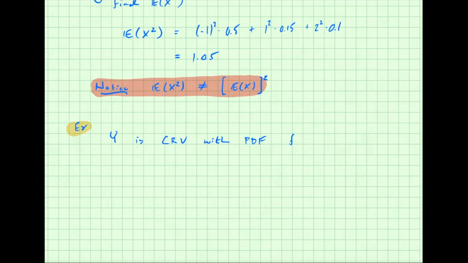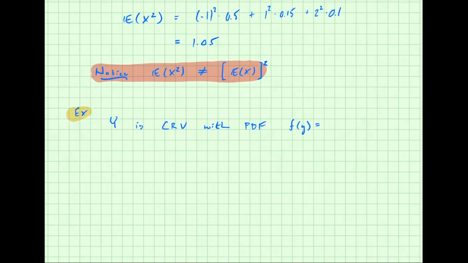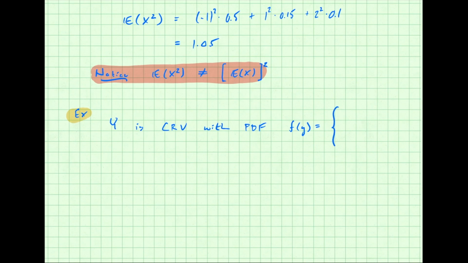We'll write in here f of y is equal to the following. In some region it's going to be 3/8 y squared, for y in between 0 and 2. And then elsewhere it's going to be 0.